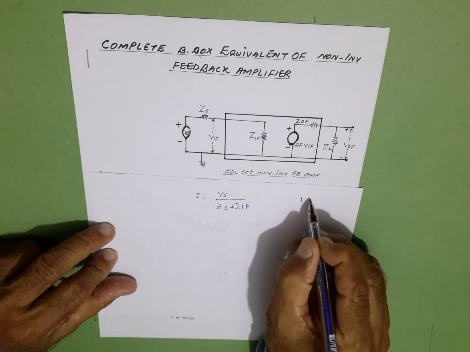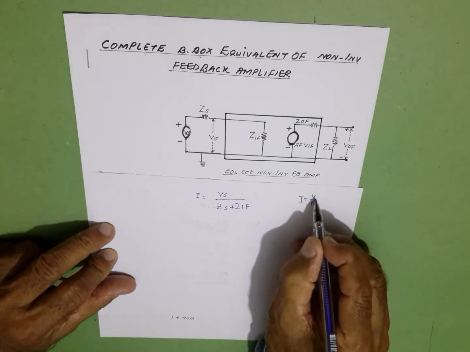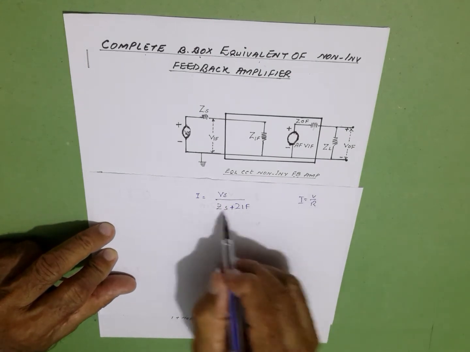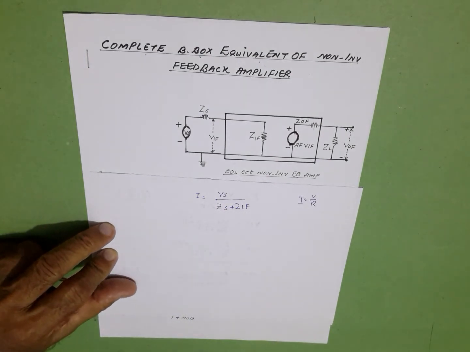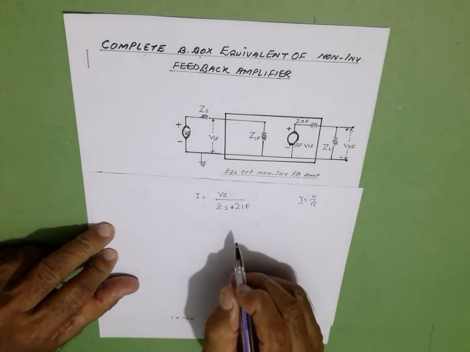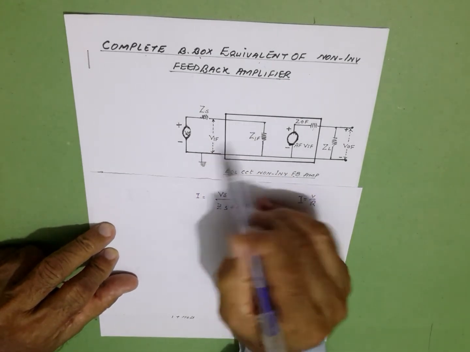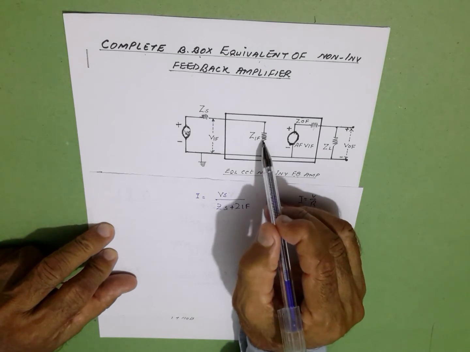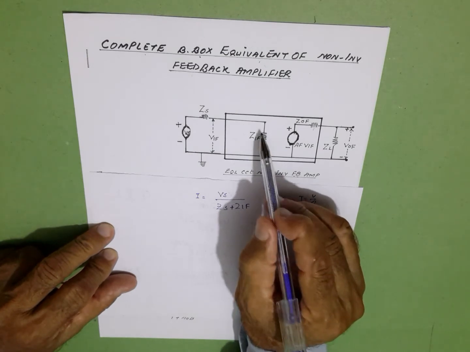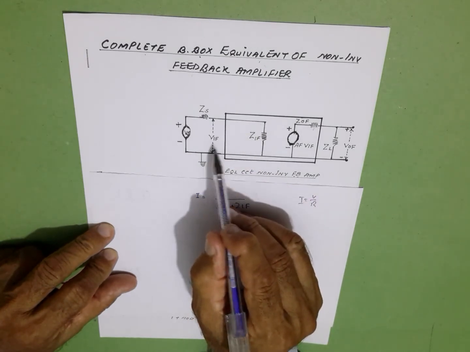This is Ohm's law: I is equal to V over R. This V is Vs, R are these two impedances, and we want to find the voltage across ZIF. We know the current flowing here, and when we multiply it with this resistance, it gives us voltage. That voltage will be called VIF.